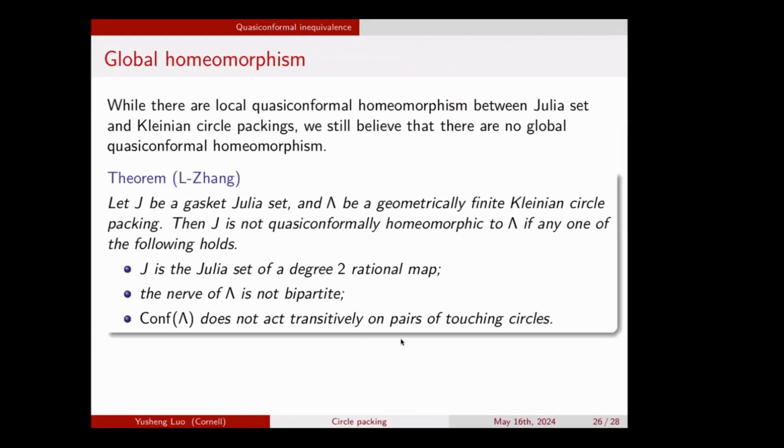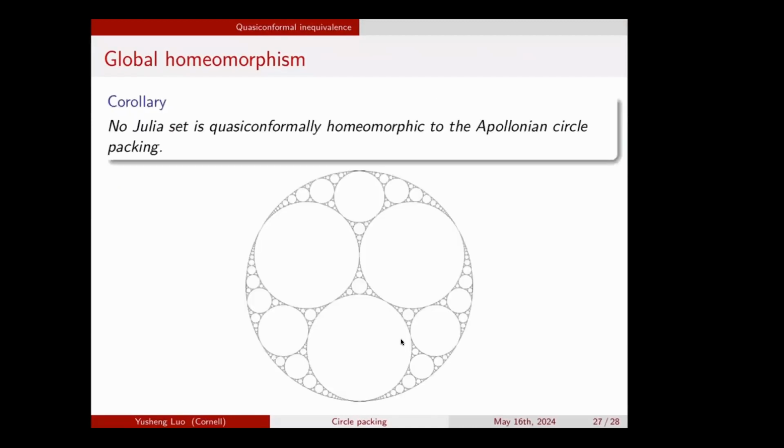And in fact, we work with this gasket Julia set and these geometrically finite Kleinian circle packings. And then we prove in various different settings that they are not globally quasi-conformally homeomorphic. We expect the answer is no for these gasket Julia sets and these Kleinian circle packings, but we still don't know the answer.